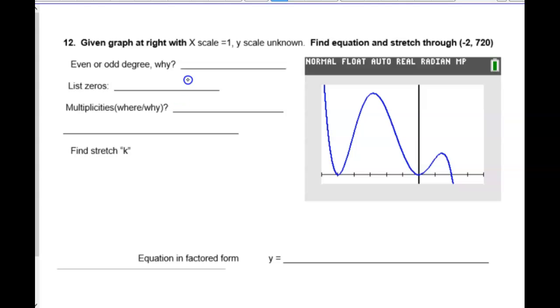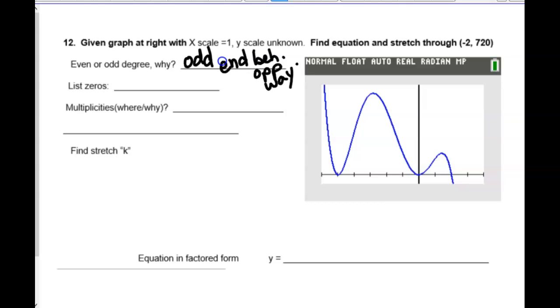The degree has to do with the end behavior. What are the ends doing? Aislinn? Okay. When they're going in opposite directions, then what? Okay, it's not an odd function. Remember, it doesn't have symmetry.